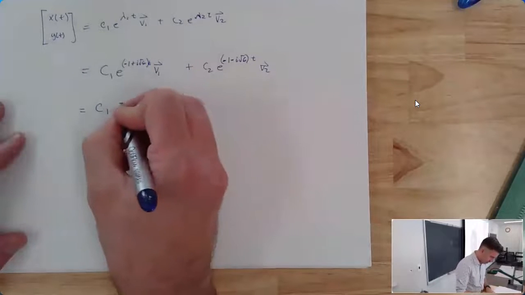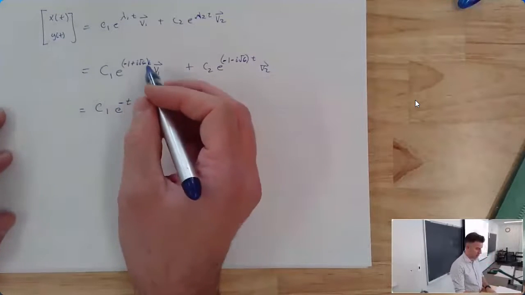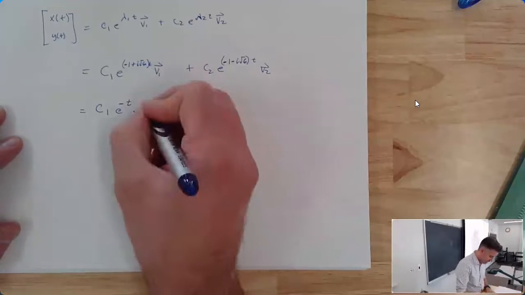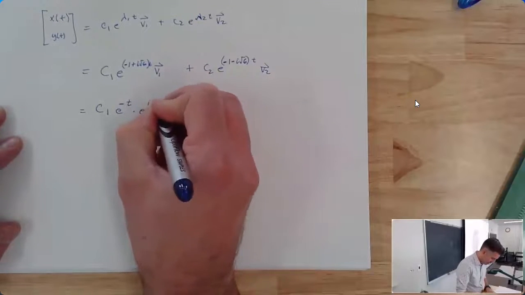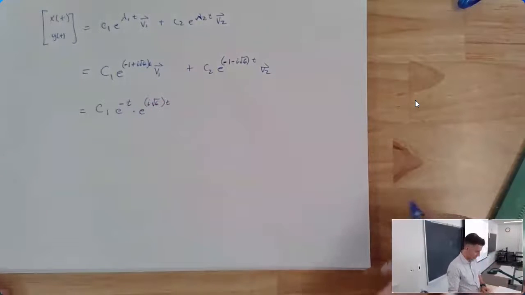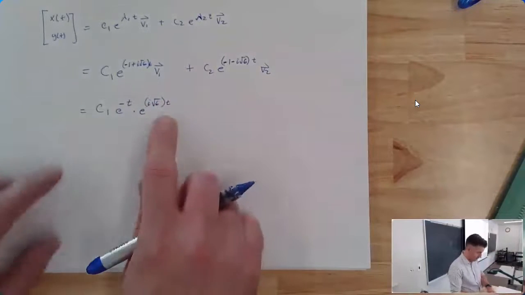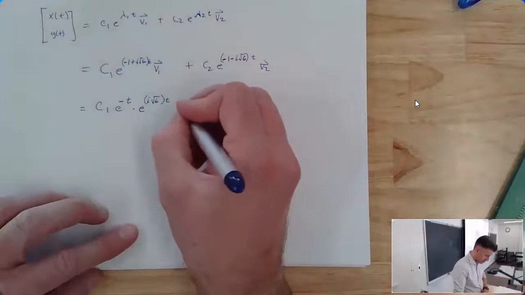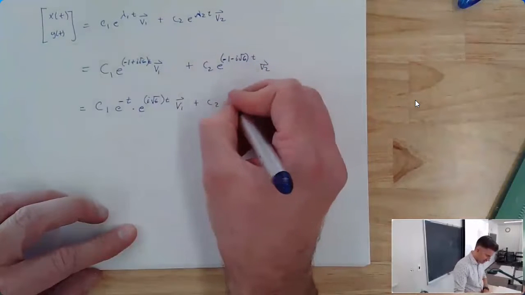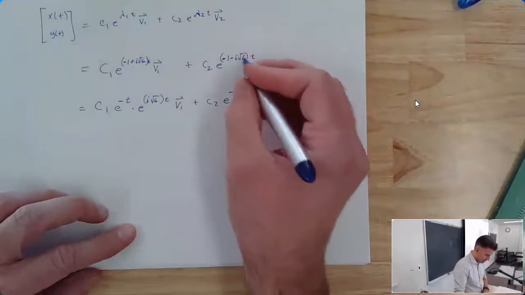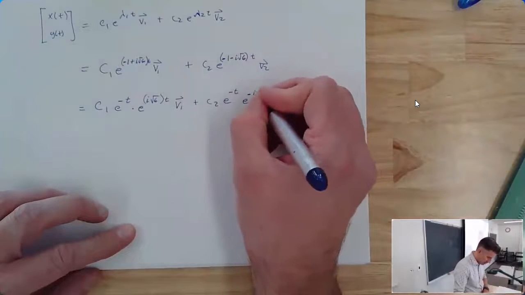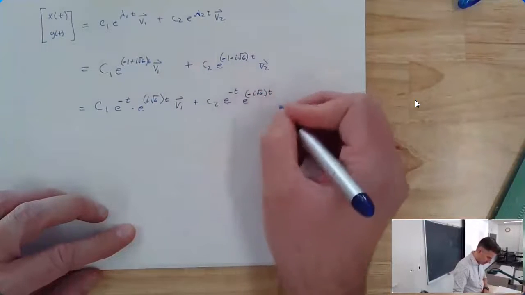It's going to be e to the negative t, and then instead of saying plus t i root 6, I'm going to say it's times e to the i root 6 times t. Same thing. I can add those powers together and get back to that. Plus c2 e to the negative 1 times t is negative t, and then e to the negative i root 6 times t is negative i root 6 times t.